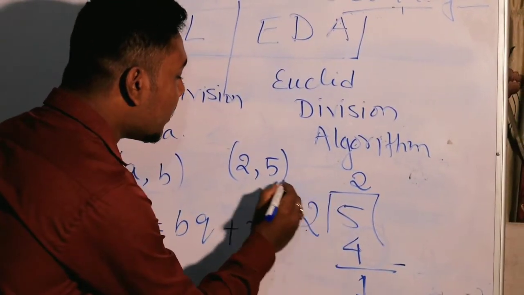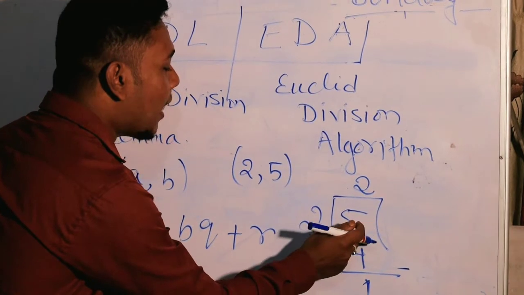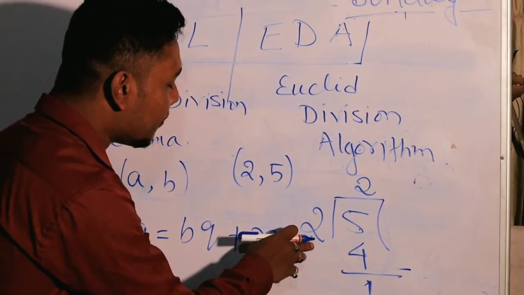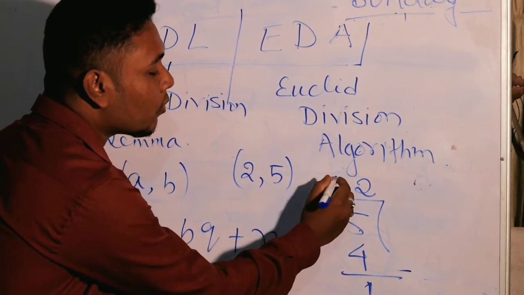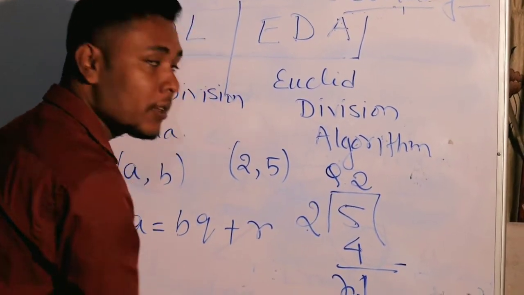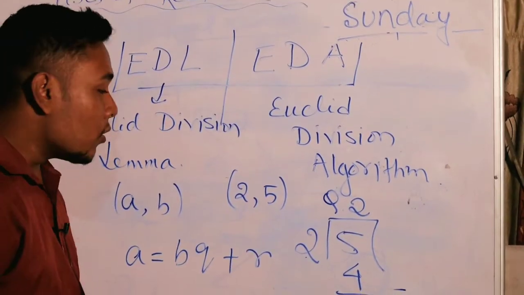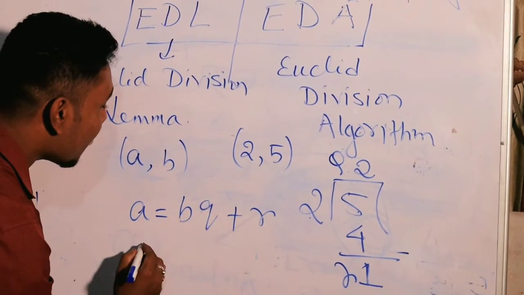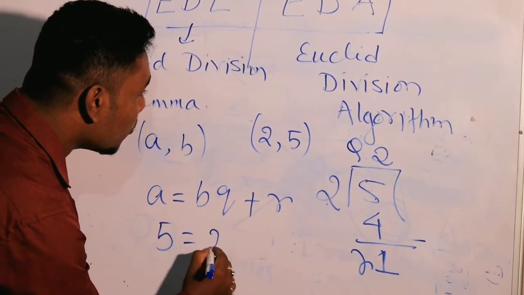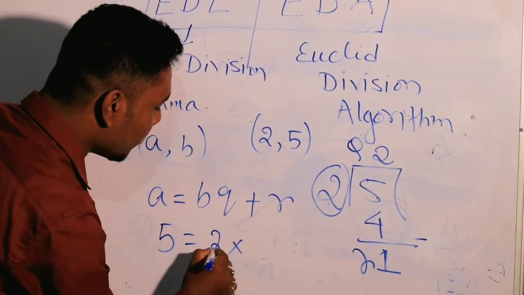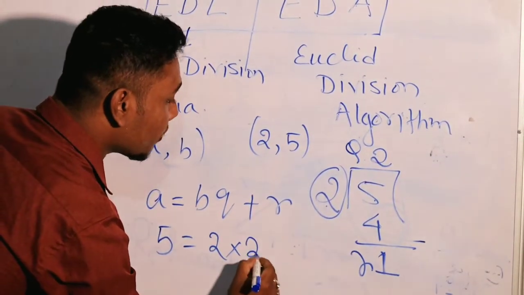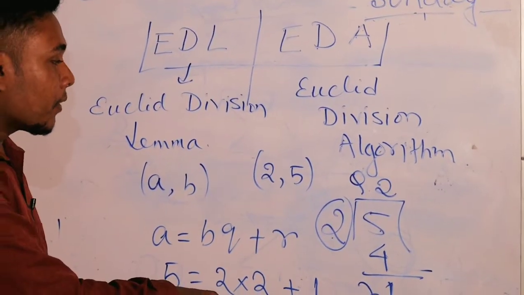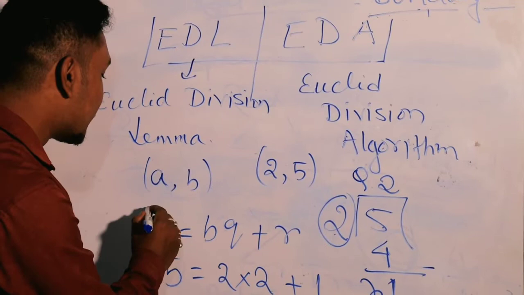Using the bigger number as dividend and 2 as divisor, we get the quotient and the remainder. So after writing this formula, we can write 5 is equal to 2 into 2 plus the remainder. So this is the lemma.